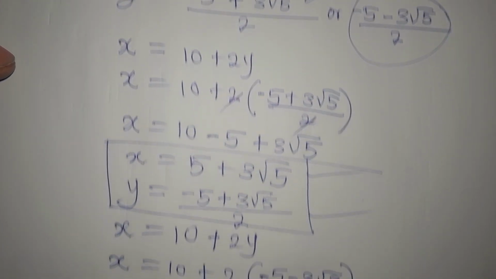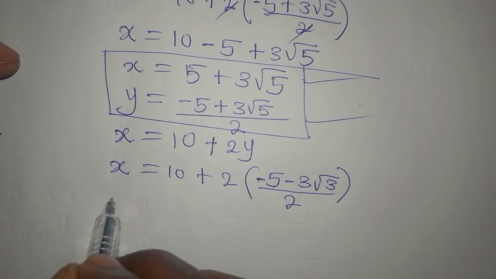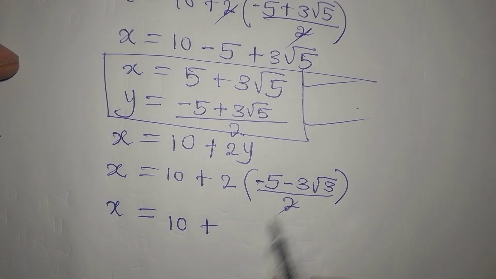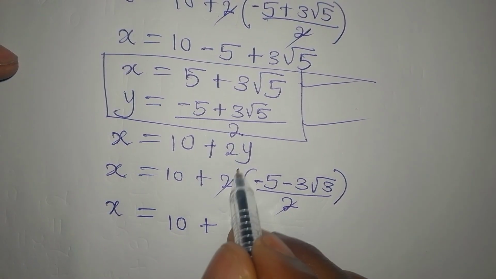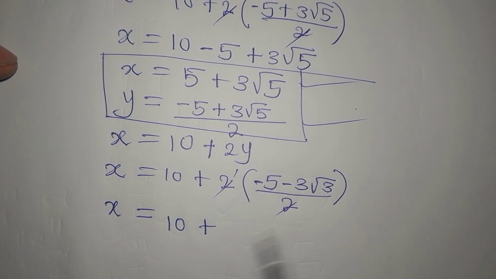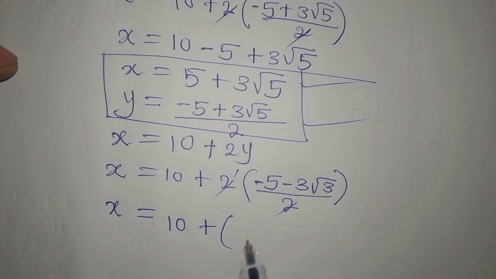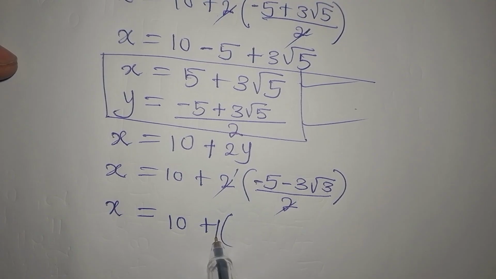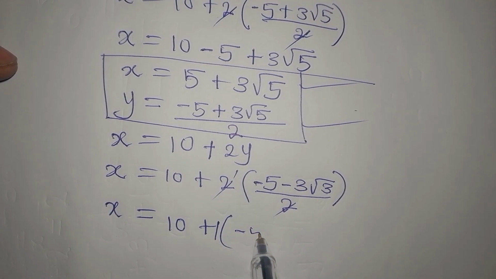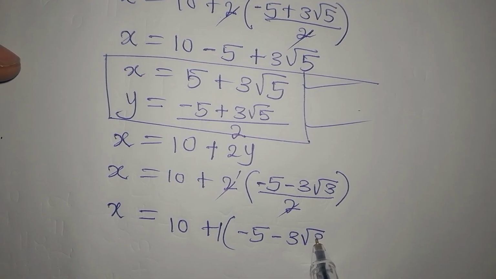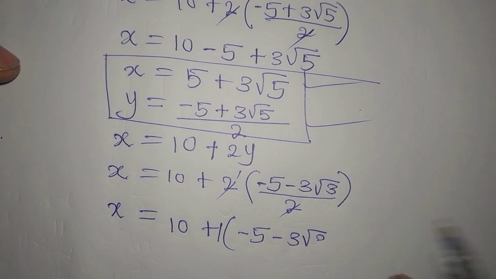Okay, so if we go ahead now, our x will now be 10 plus, remember that this will go here, so we have 1. Let me even open the bracket first, so that this is going to be 1 now, right? Then we have minus 5 minus 3 root 5. Let me check that better.